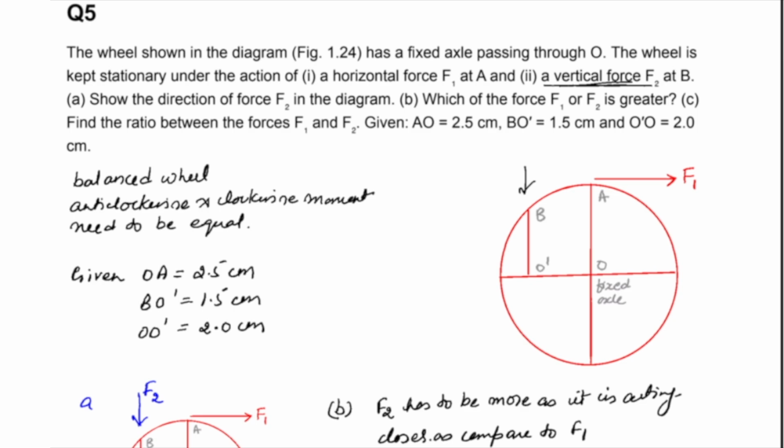In our case, we will apply it like this. Why? Because doing so will create an anti-clockwise movement, and this force is creating a clockwise movement. So there is a chance they will cancel and balance each other. So they were asking which direction it will be. Let's see the detailed solution of this.